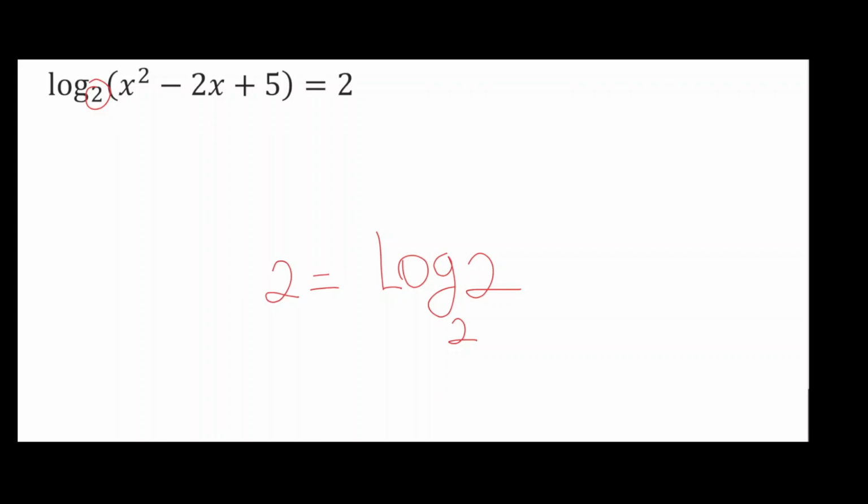That's why we have both base and argument here as 2 also. Then I'm going to write a power for the argument, but the power must take whatever number we have, and in this case, the number we have is 2. So we have a power of 2.